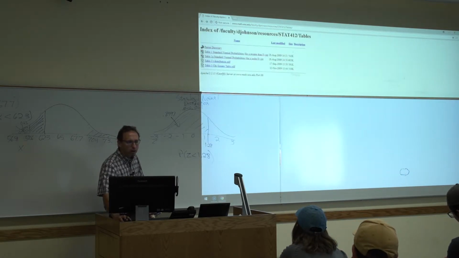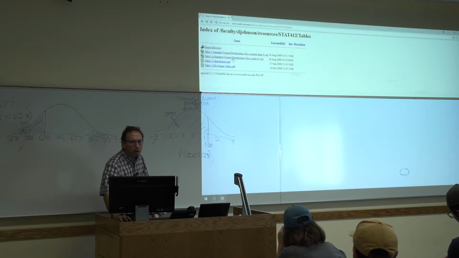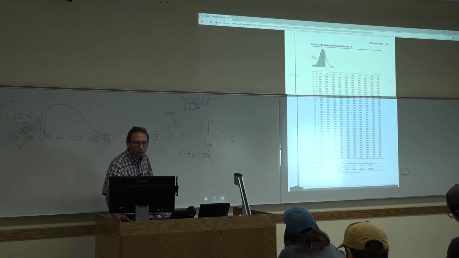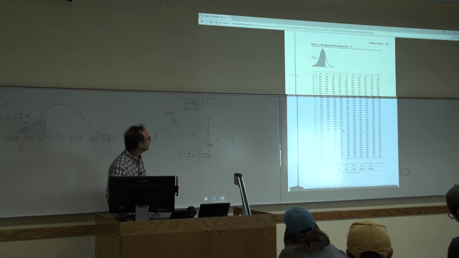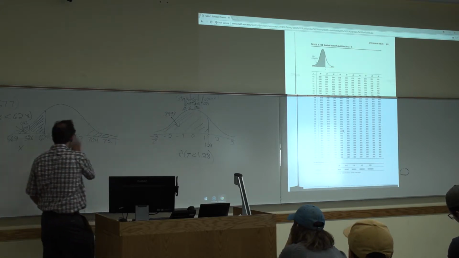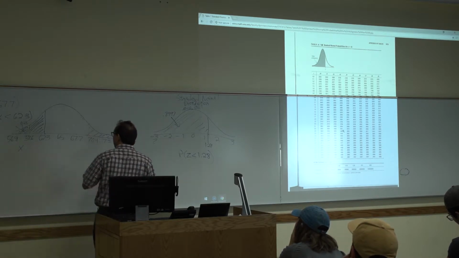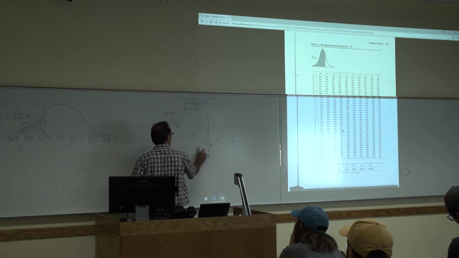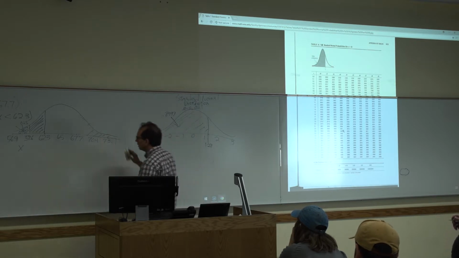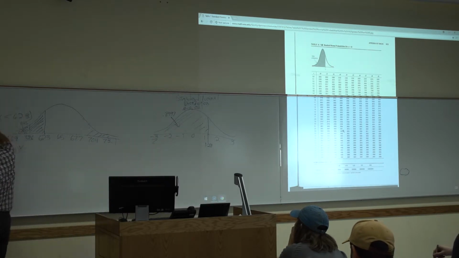Now let's see how we're going to apply this table to some kind of real life applications here. So let's go back to this situation here.